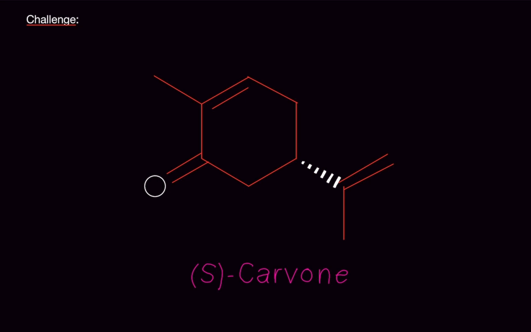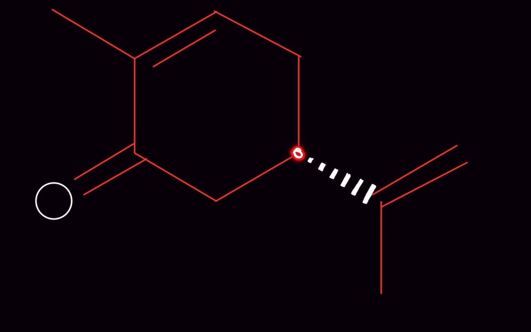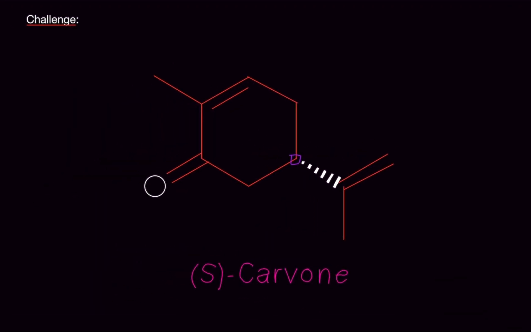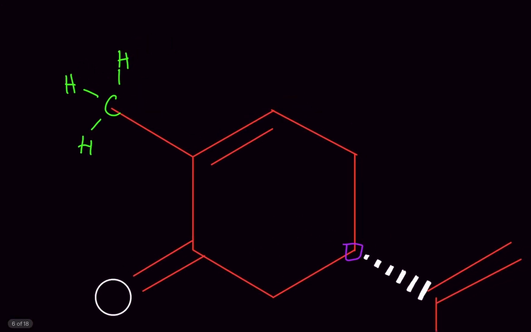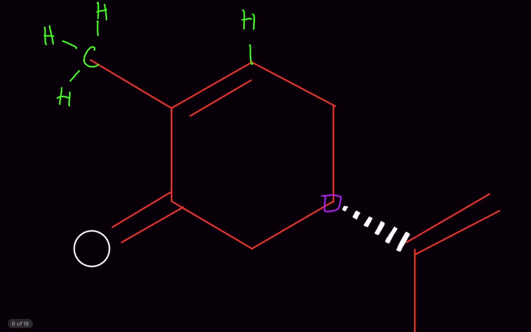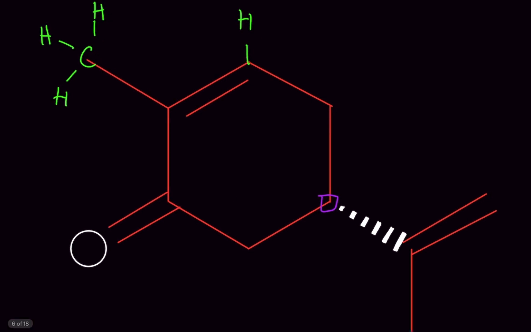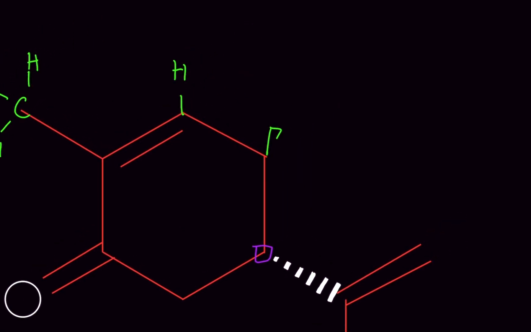We have a chiral carbon here. This is chiral. So I am going to box this in for later. So let's draw in all the hydrogens. Sorry, I have my notes here just in case. I don't want to make a mistake for you guys because this is going to be a long video. Okay, when you draw in the hydrogens next to a chiral carbon, draw them with wedges and dashes. This is the trick.